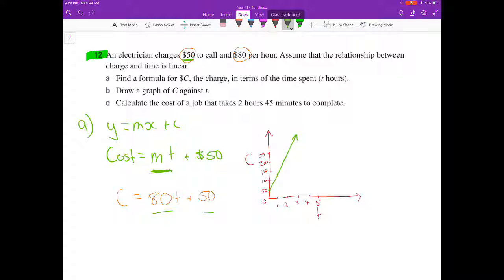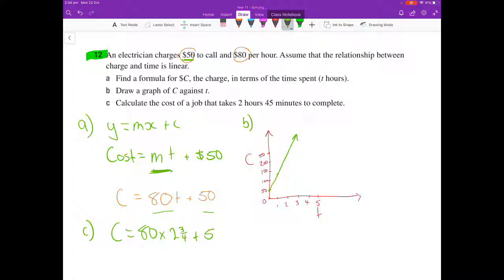The next one is calculating the cost of a job that takes 2 hours and 45 minutes to complete. We can quite literally just throw the numbers into the formula. I'm sure that you all know that 2 hours and 45 minutes is the same as 2 3/4 hours, 45 minutes being 3/4 of an hour.